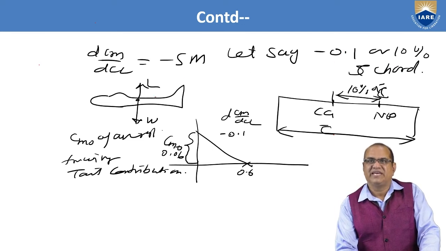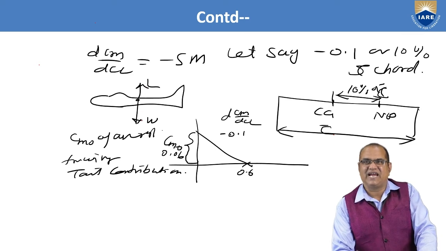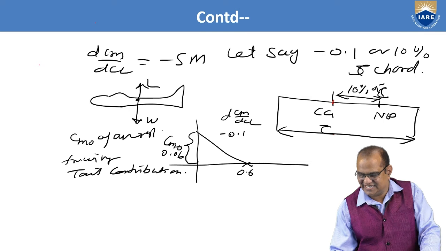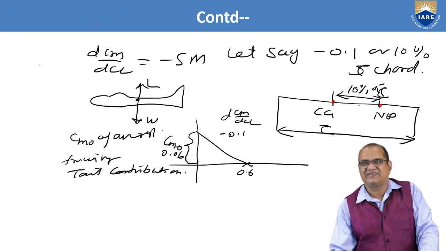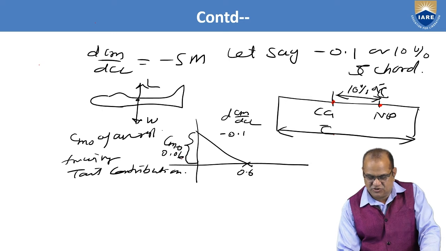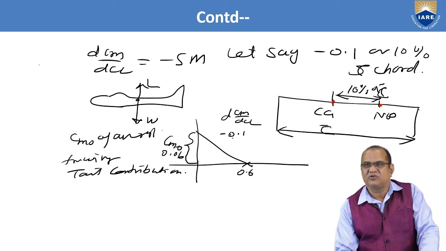Okay, so here is this aircraft, with L and W, and here we can see that this is the CG and this is the NP, and this is the 10% of the chord. And so here Cm0 of the aircraft is 0.06 and the slope of this is minus 0.1.